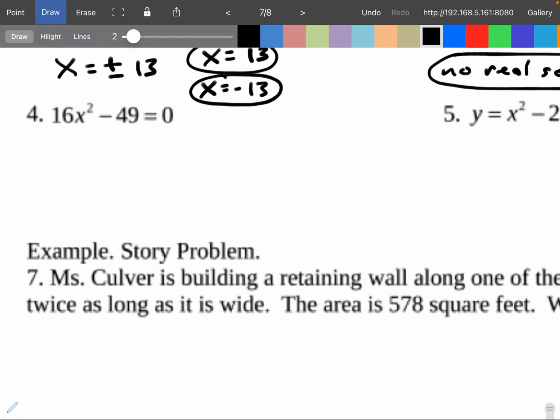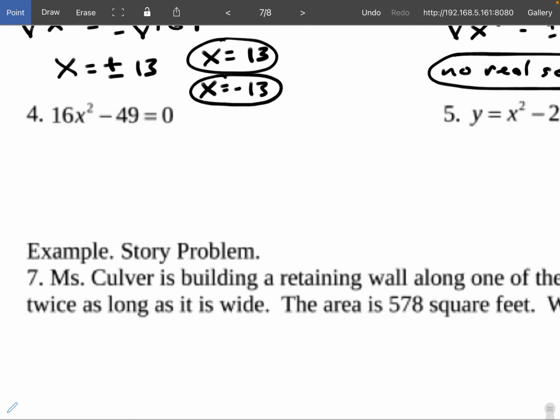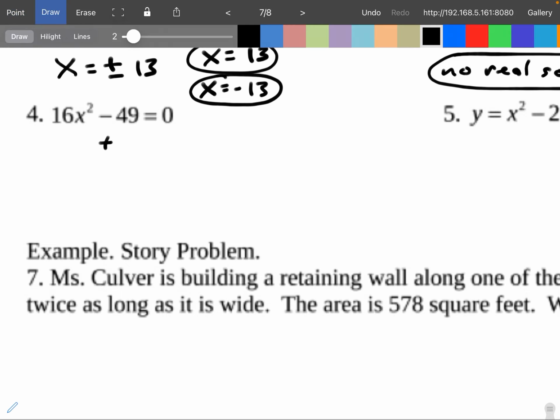Let's go to number 4. So again, we have to get the x squared by itself. So how would I get rid of this minus 49 here? Plus. Yep, good. So add 49 on both sides.